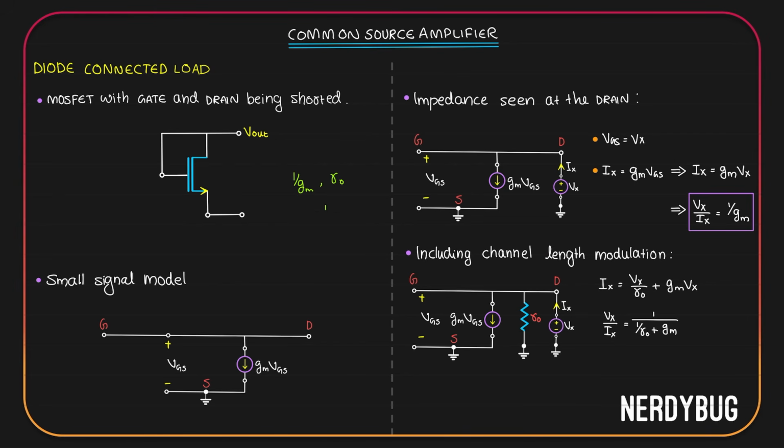Equivalent resistance will be 1 by the reciprocal of the first one, gm, plus the reciprocal of the second one, 1 by r0. This is exactly what we have over here. So this is basically r0 being parallel to 1 by gm. So the impedance seen at the drain is 1 by gm parallel to r0 if channel length modulation is included. If it is not included, it is simply 1 by gm.